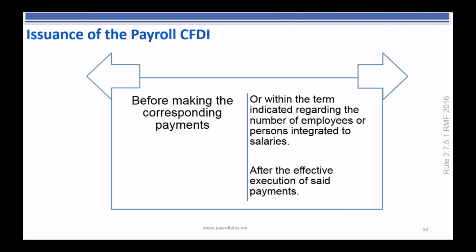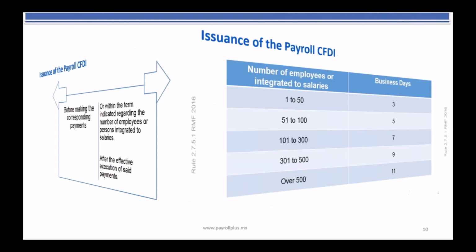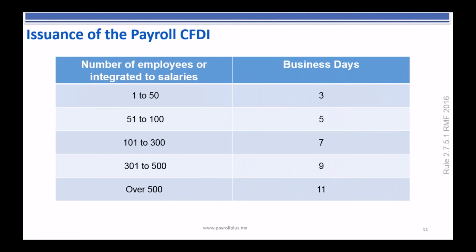And also there is an option that you can prepare the CFDI within the term that the authority has allowed, depending on the number of employees that the company has. And that is, I'm going to show you a quick chart.